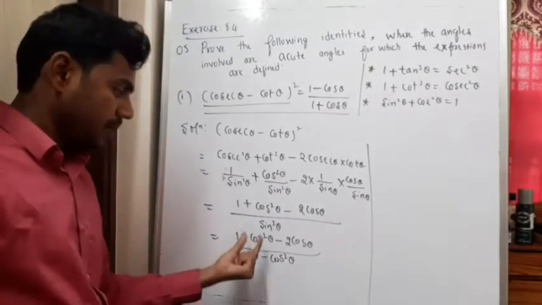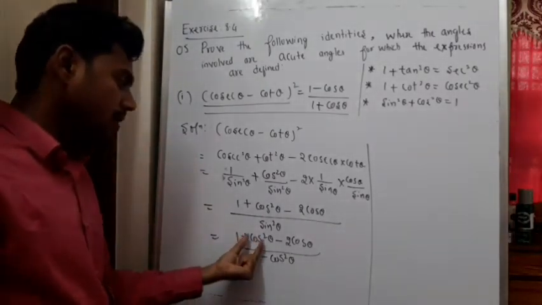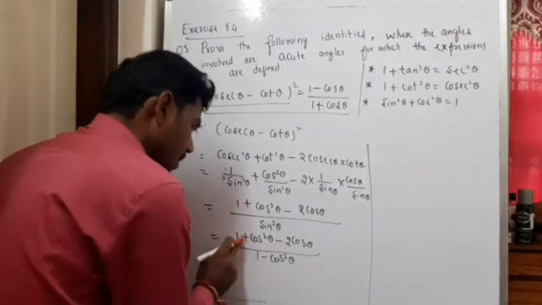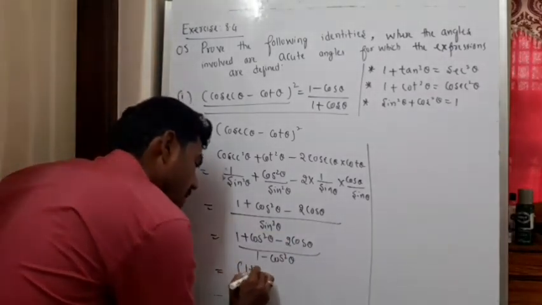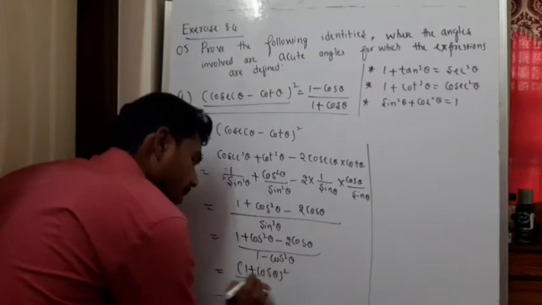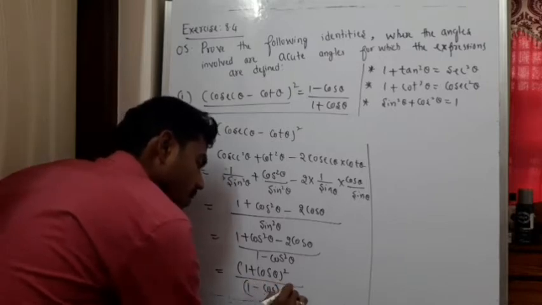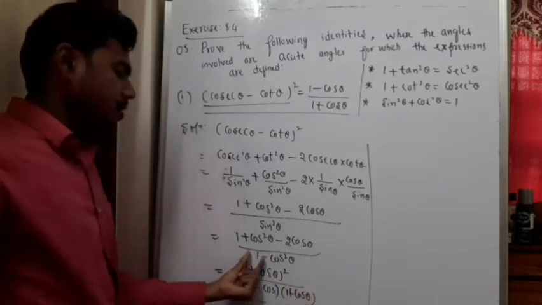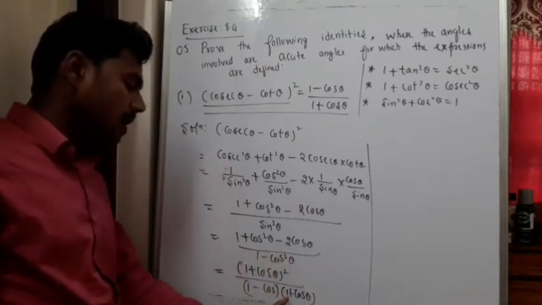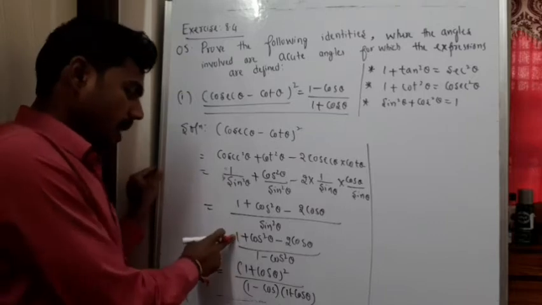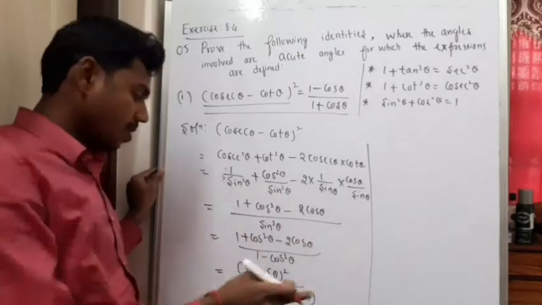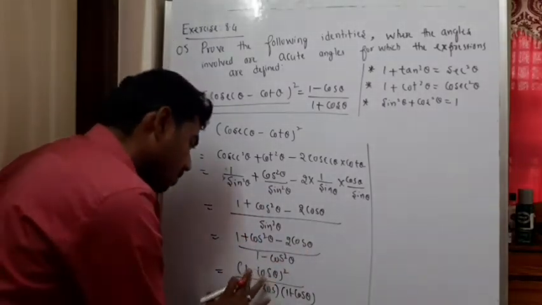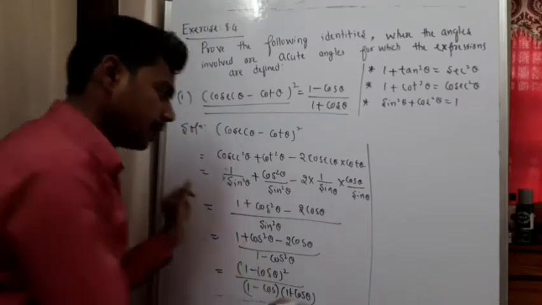Now, 1 plus cos square theta minus 2 cos theta. What can we write?